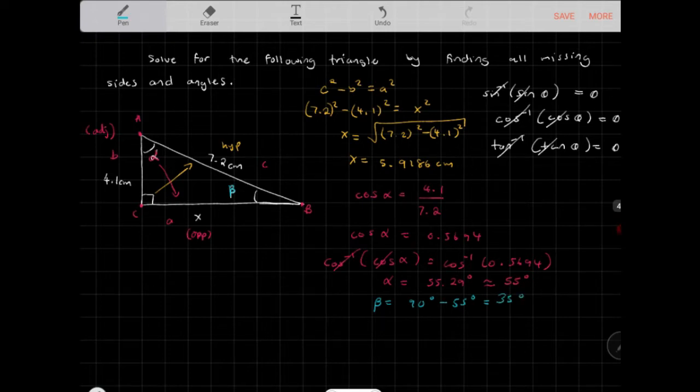Now let's say that we want to solve it a different way. Using beta here as my reference angle, this becomes the opposite side, this will become the adjacent side, and the hypotenuse will still remain at 7.2. So in that sense, we can understand the sine of beta, using our previous values, will give us 4.1 over 7.2, right?